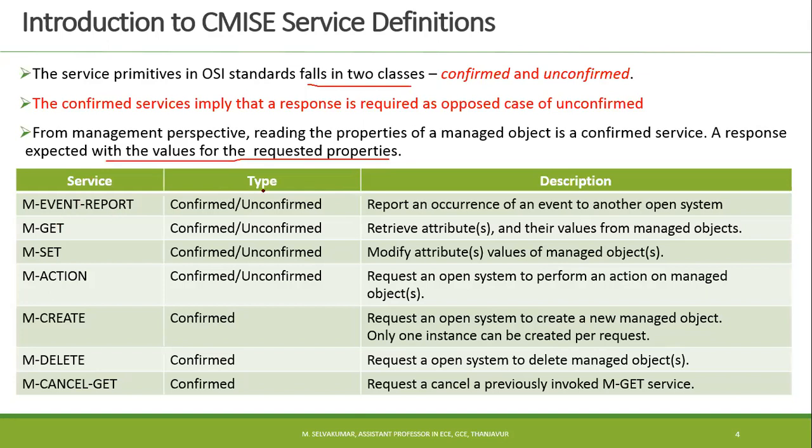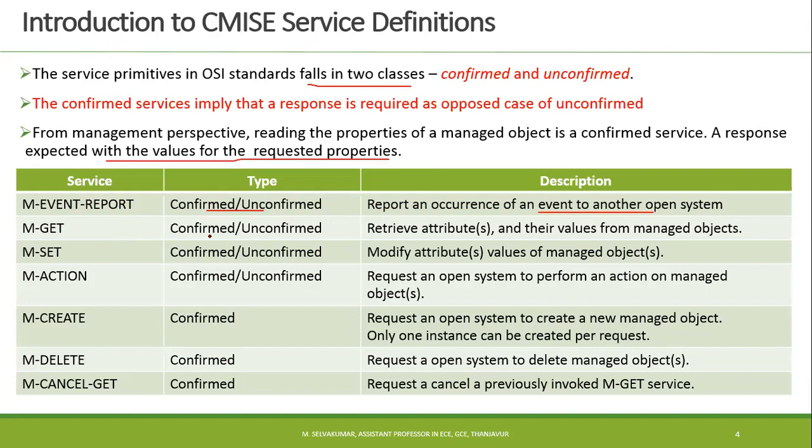So what are the services to be done by CMISE? The first is the M-EVENT-REPORT service. The type of the service may be confirmed or unconfirmed. Its description is to report the occurrence of an event to another open system.